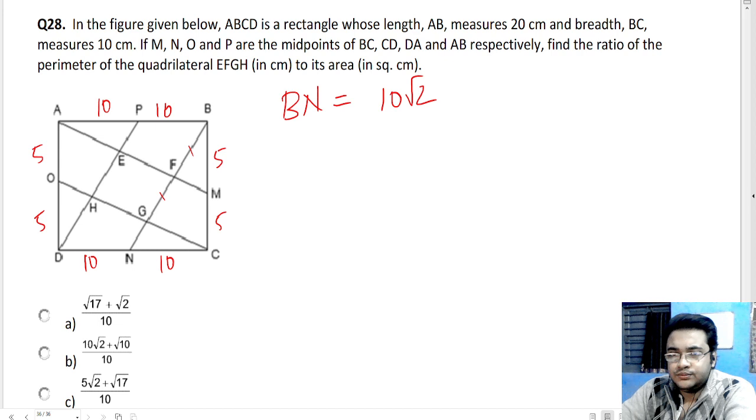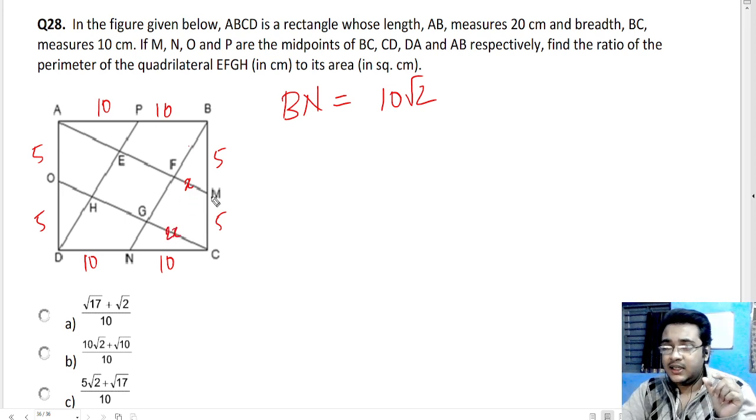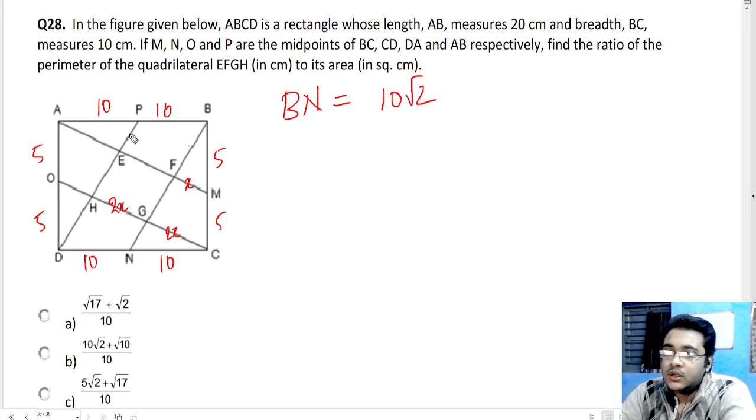So let's go back. Let's name the areas. What I can say is, if this is x, this is 2x, the same idea that FM is half of GC. Now, if you appreciate this triangle CHD, you will realize this is also 2x. What is OH? I don't know as of now. Now let us look into this triangle APBF.